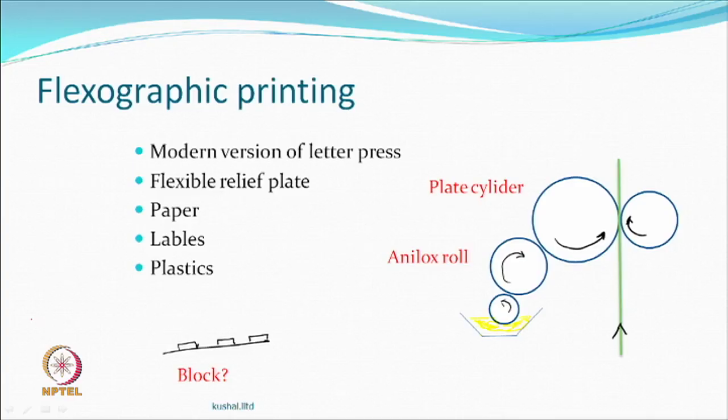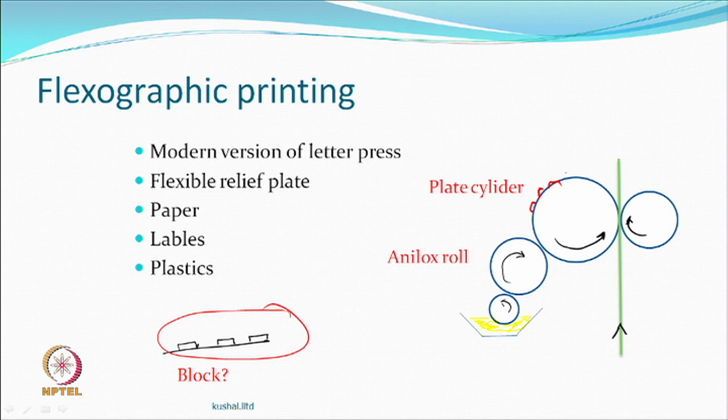For example, you can have some type of design which is raised, but instead of a wooden block, they can have a plate, a metal plate for that matter, which is flexible enough, and then you can put it on a machine, a print plate cylinder, as they call it. So, you may have a plate which has a design, and the design is in a relief mode.